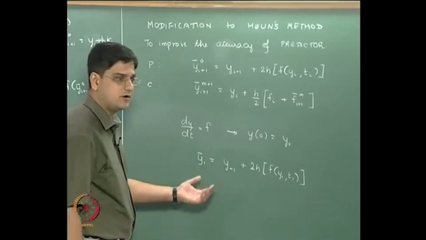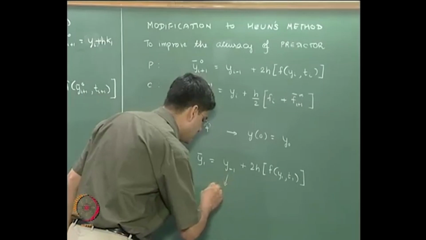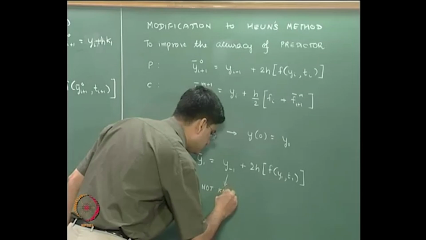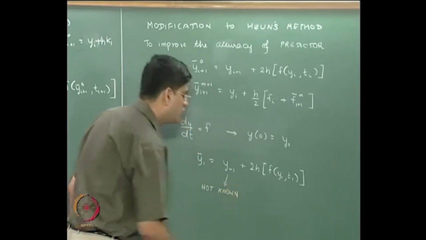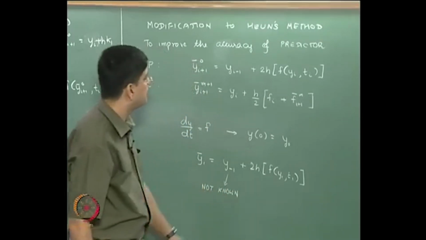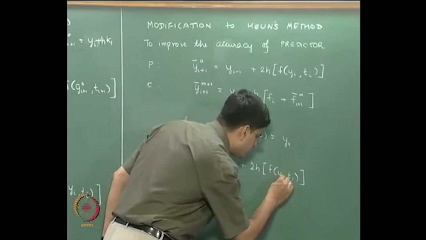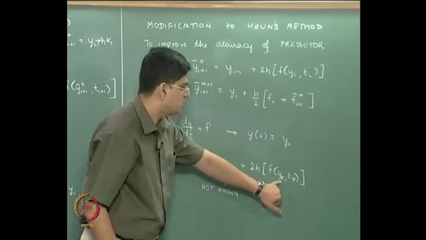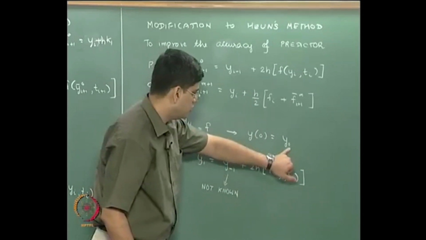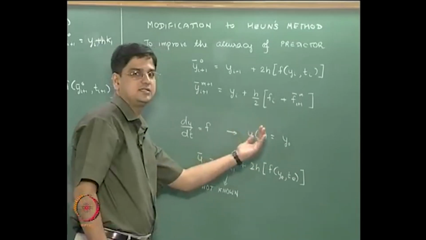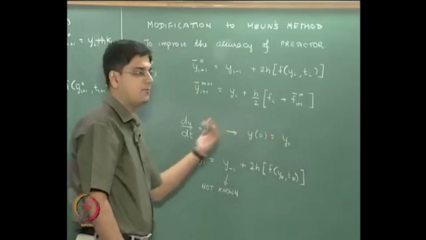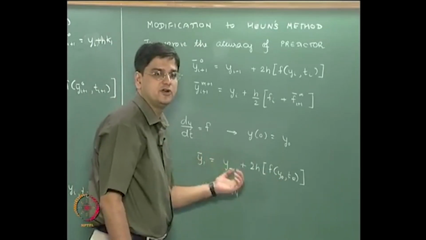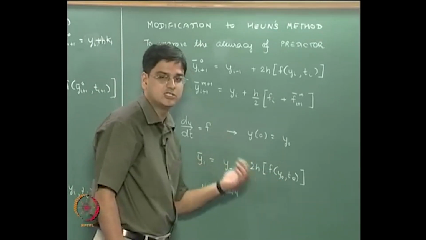But now the problem here is y minus 1 is not known. Okay, we have started with an initial condition for y0. Okay, y minus 1 represents the value at one time step prior to y0, and we do not know this value; it is not given to us.